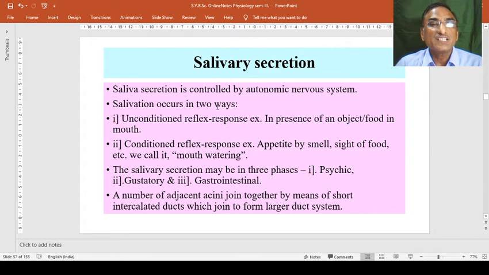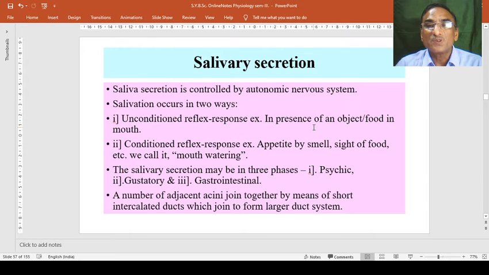Salivation occurs in two ways. Saliva is secreted by, one, unconditional reflex response, and second, conditional reflex response. Unconditional reflex response means whenever the food is already in touch with the oral chamber or oral area, then and there this response takes place.